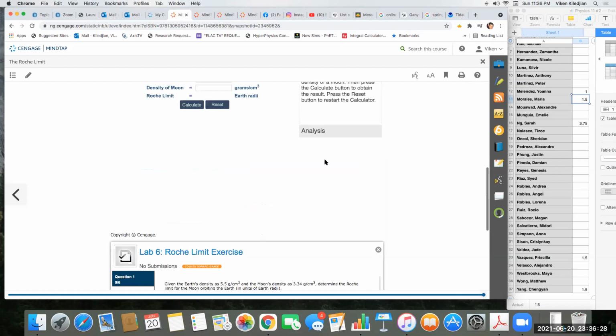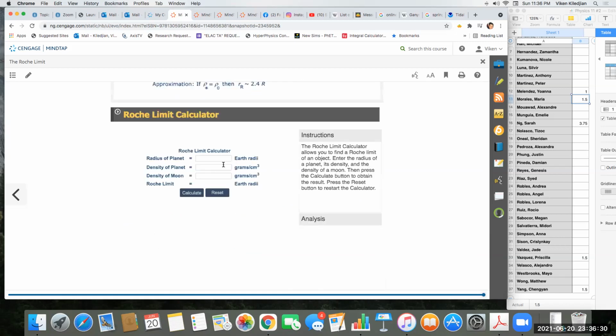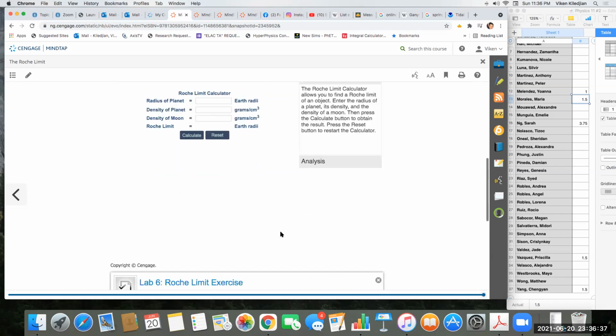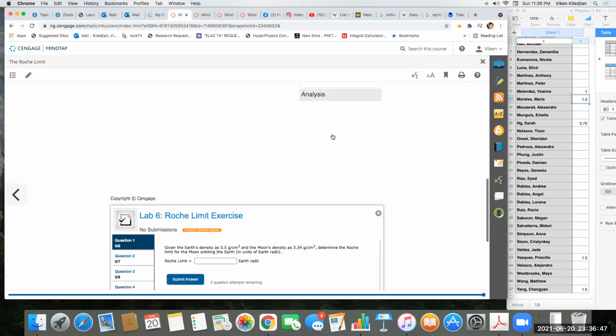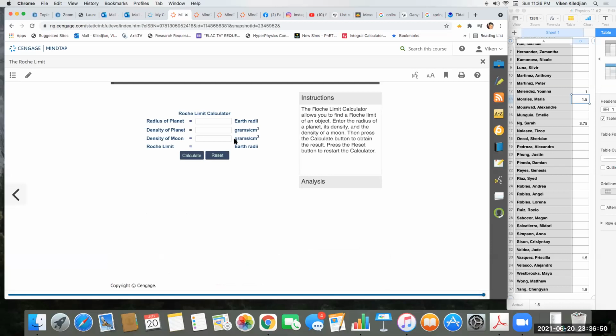Okay, so Roche radius of planet, radius of planet. So can we use that app to do our thing? Well, given the Earth is 5.5, the density of planet 5.5, right?